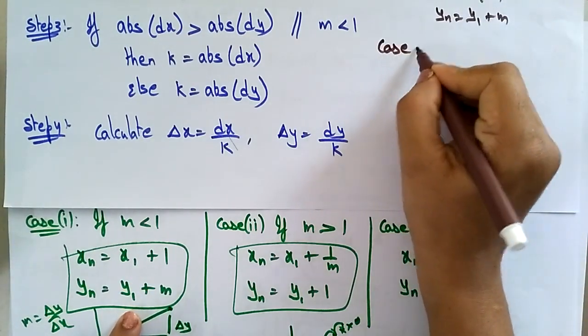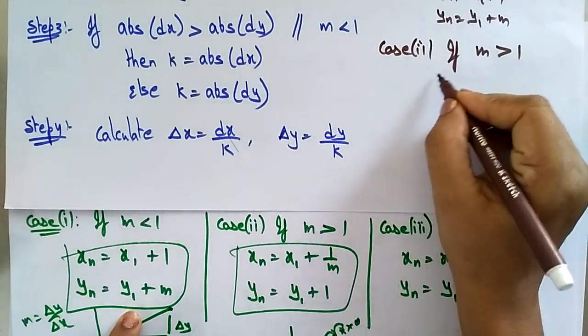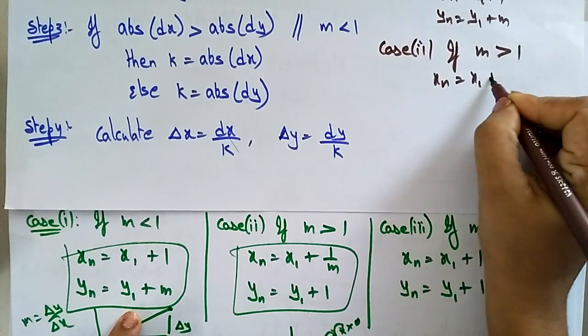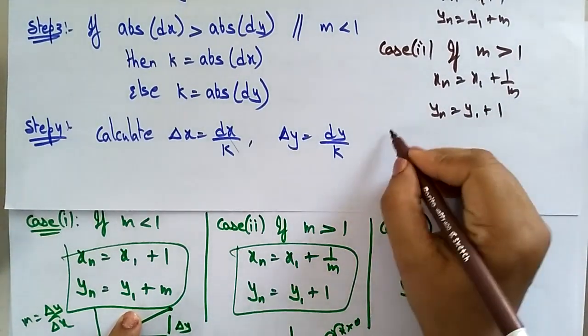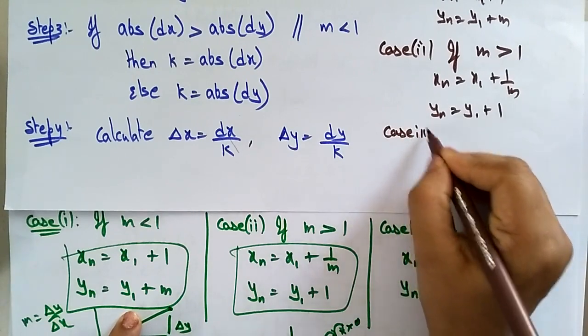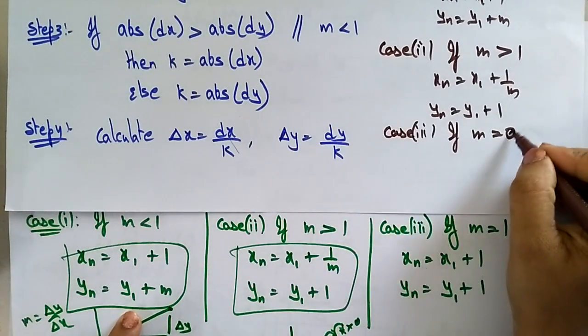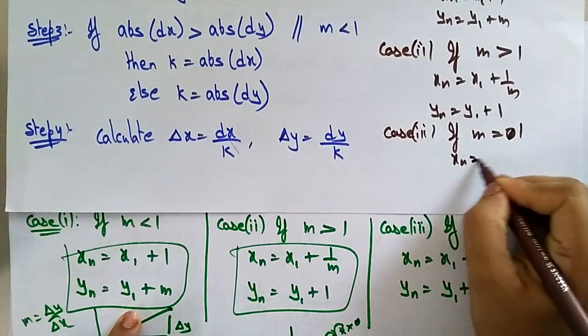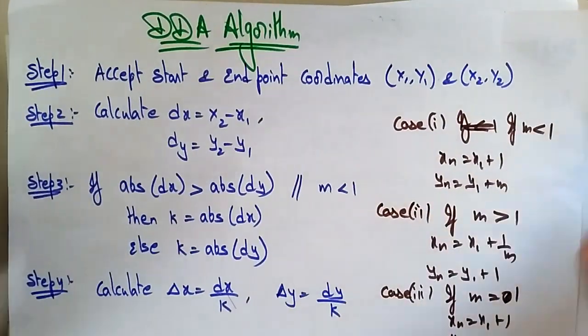Case 2: if m is greater than 1, xn is equal to x1 plus 1 by m and yn is equal to y1 plus 1. And case 3: if m is equal to 1, xn is equal to x1 plus 1 and yn is equal to y1 plus 1. So I just copied the formula cases.